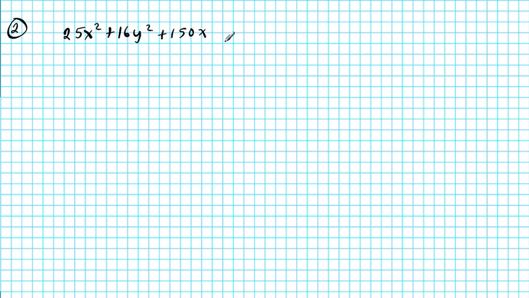For number 2, we have the equation 25x squared plus 16y squared, sorry about that, plus 150x minus 64y minus 111 equals 0.